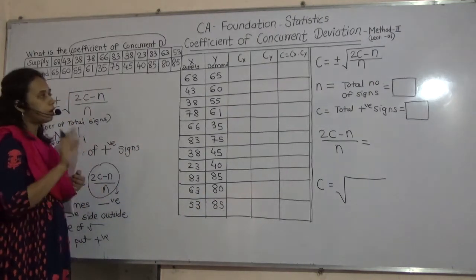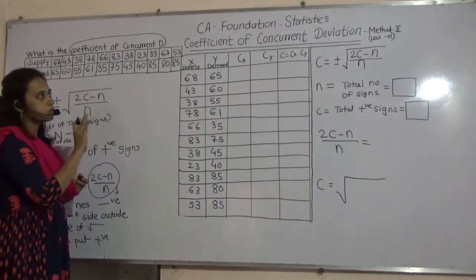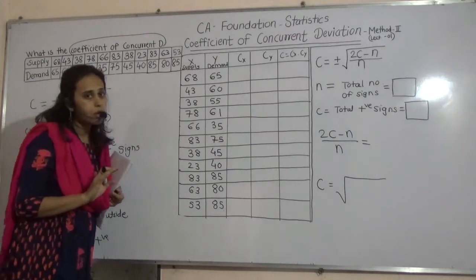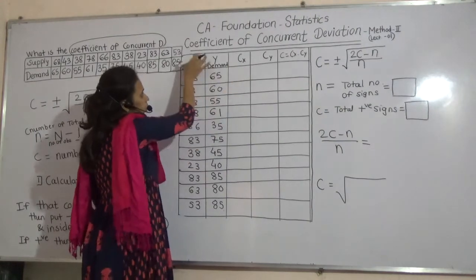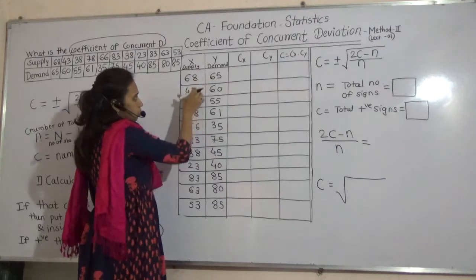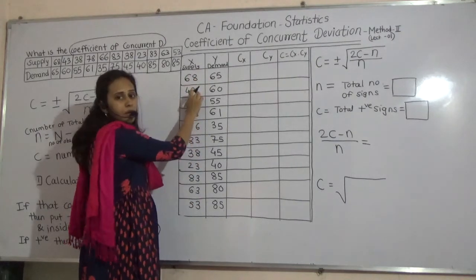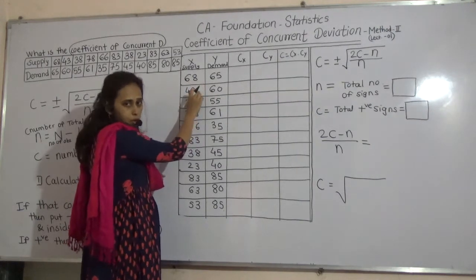Now student, remember one thing. These calculations, if you do them properly, only then will you get the correct answer. Now for Cx, concentrate here, Cx, supply. First information: every time you have to see whether the number is increasing or decreasing.